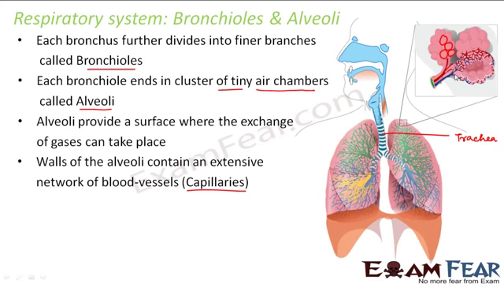The blood will then carry this oxygen to different parts of the body. So different parts of the body will receive the gas, right? So the actual gaseous exchange takes place between alveoli and the blood vessels. And what are capillaries? Capillaries are the smallest blood vessels, right?